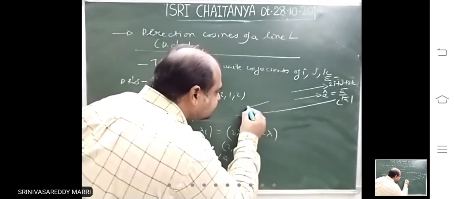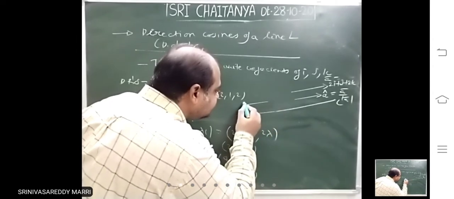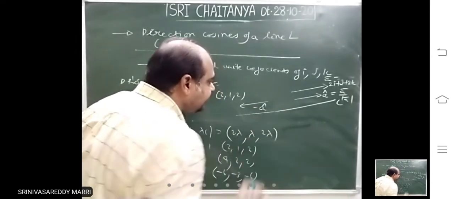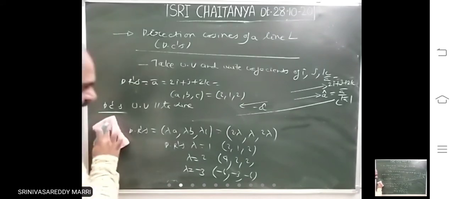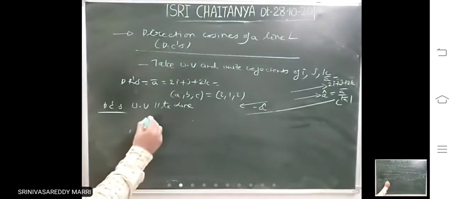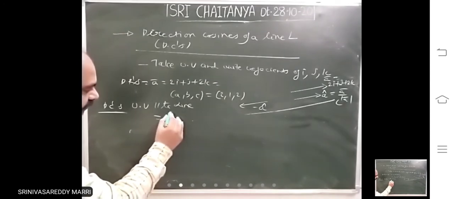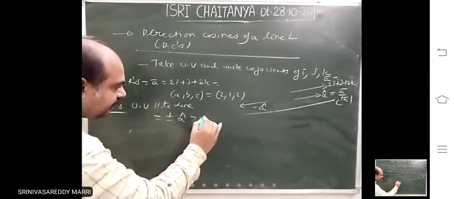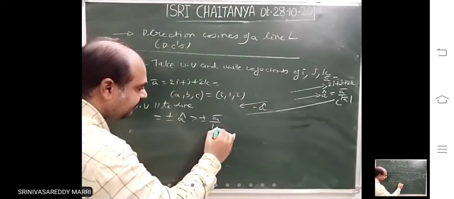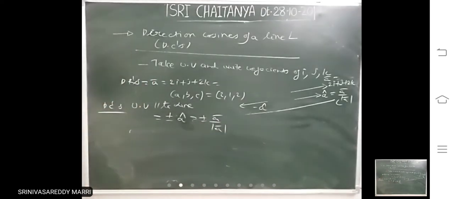In this direction also, if the direction of the line is this, then it is minus A cap. That means write the unit vector: plus or minus A cap, plus or minus A bar divided by modulus A bar.